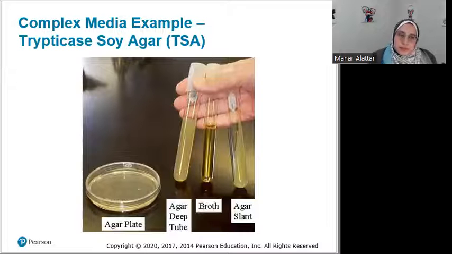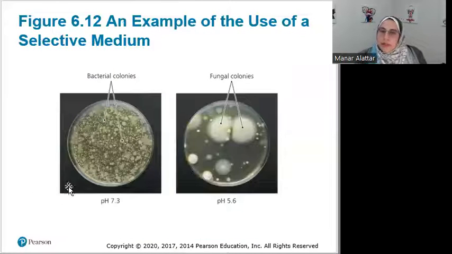And so, for example, you might change the pH of that TSA, that trypticase soy agar that I had shown you before. So instead of just growing lots of different microorganisms that are in the environment, it only grows those that can live within a more acidic environment. For example, lots of fungal colonies, okay? Or you make it more basic and it only grows organisms that can respond to a more alkaline environment. And so what you've done is taken a complex media and made it what we call selective.